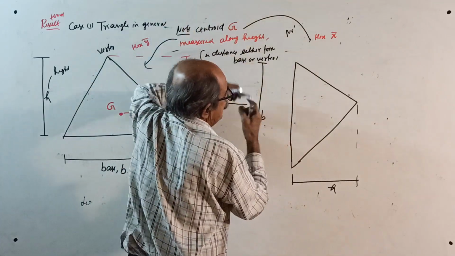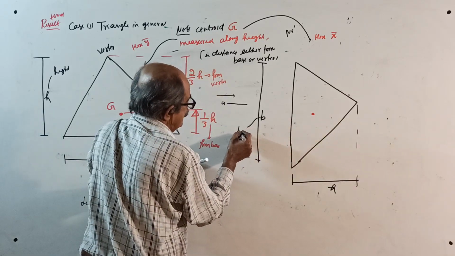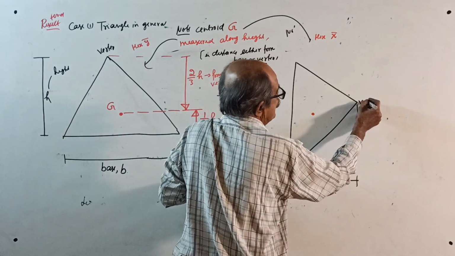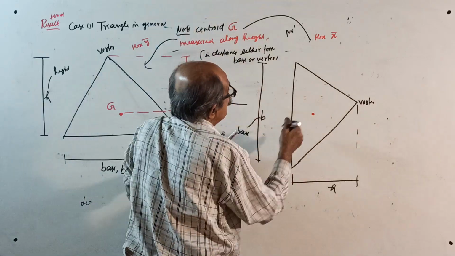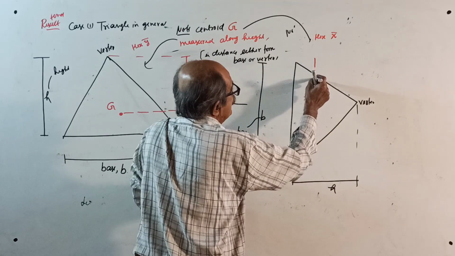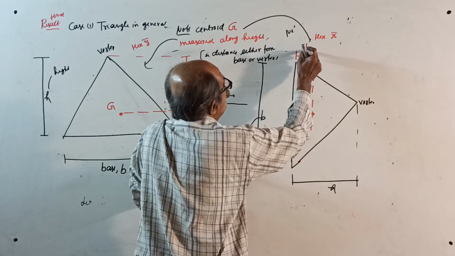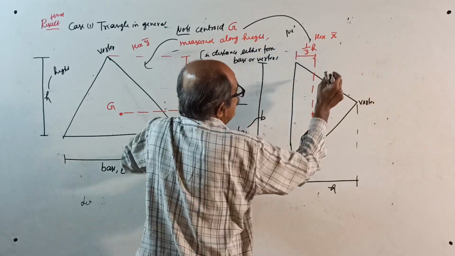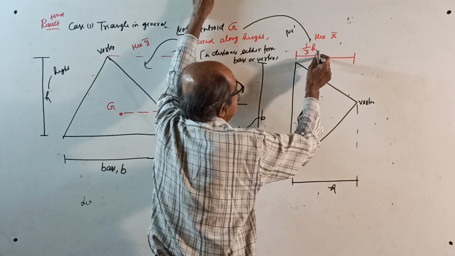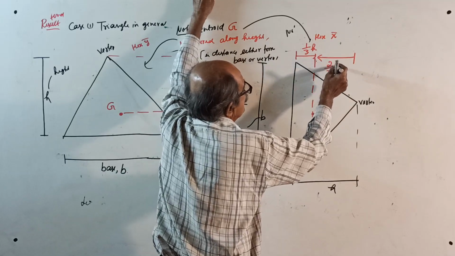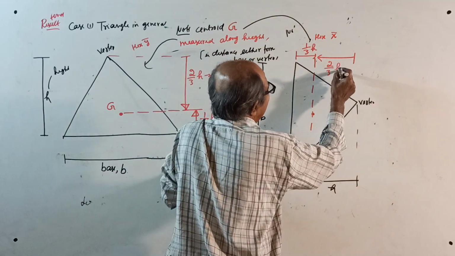The centroid will be somewhere here. From the base, along the height, this distance will be 1/3 of h. This is x bar. From the vertex, it will be 2/3 of h.